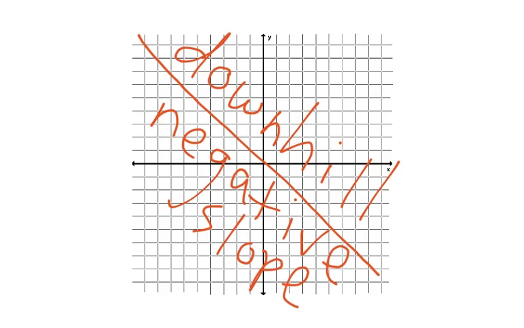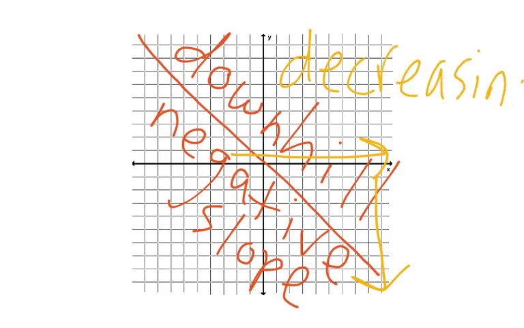And what's essentially happening there is as the x values get larger to the right, the y values are getting smaller. It is a decreasing relationship. It's not growing, it's decreasing, and that's represented by that downhill view.